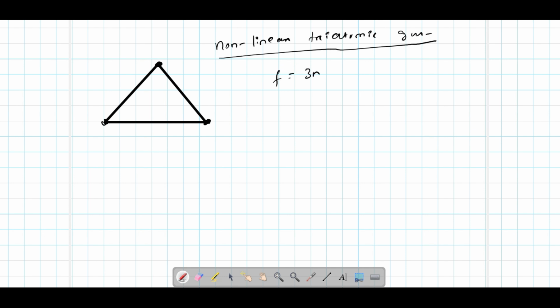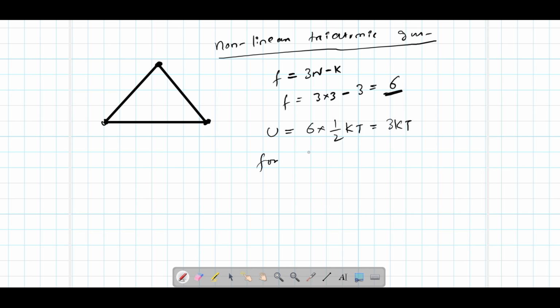Degrees of freedom equals 3N minus k. Number of particles is 3, so 3 into 3 minus k, where k is 3. So that is 6. Degrees of freedom equals 6. Energy equals how much? 6 into half kT. So that is 3kT. Energy is 3kT.